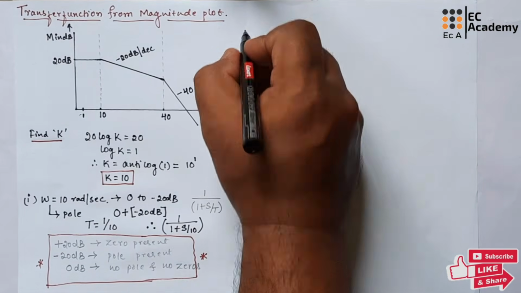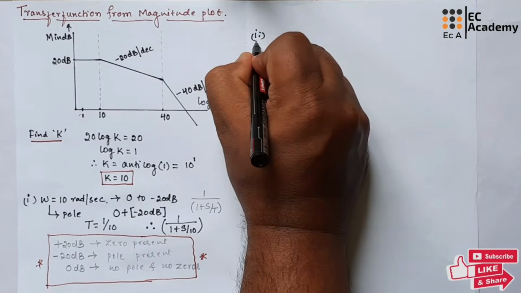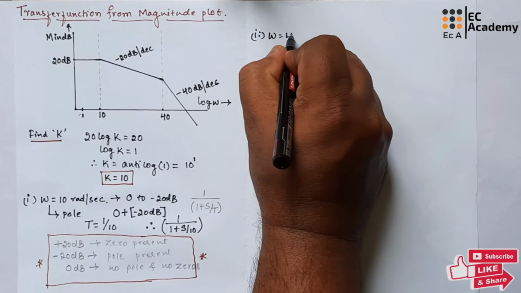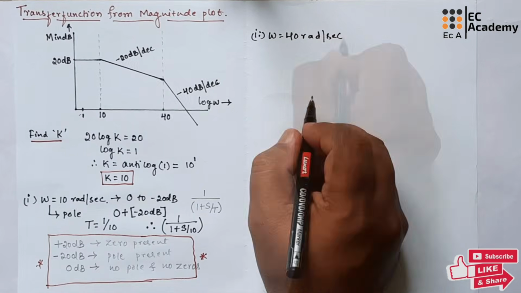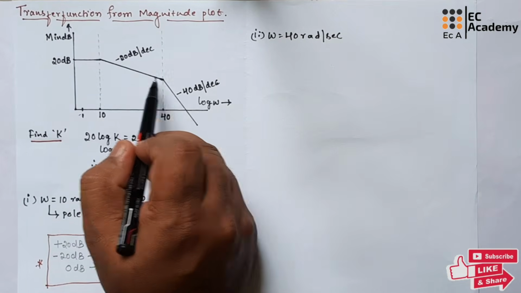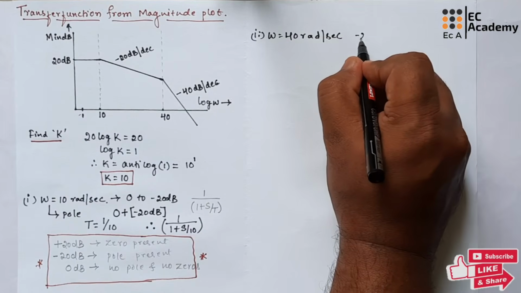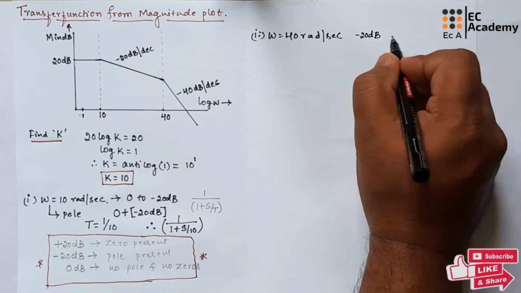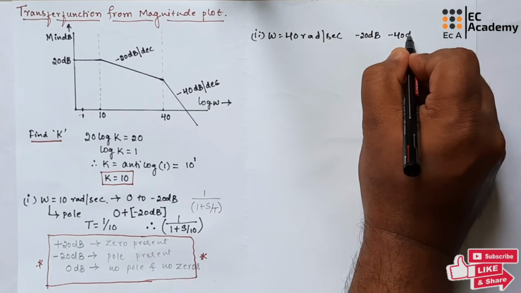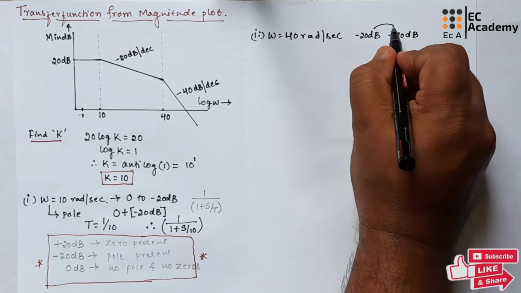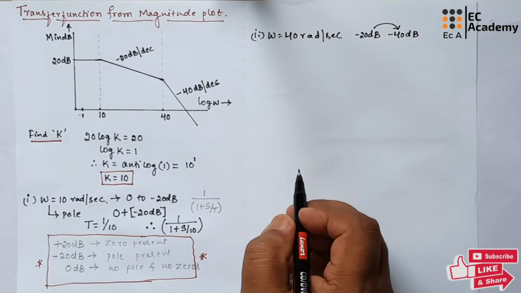Now let us consider the second corner frequency, which is omega is equal to 40 radians per second. At 40 radians per second, initially the slope was minus 20 dB, and it is changing to minus 40 dB. So the slope has changed from minus 20 to minus 40 dB.